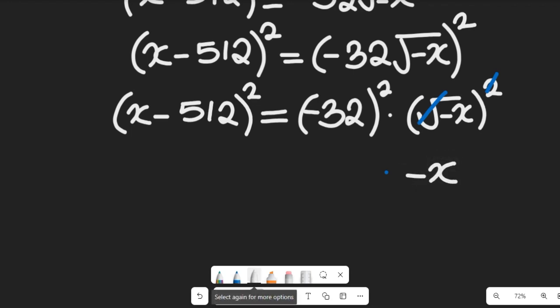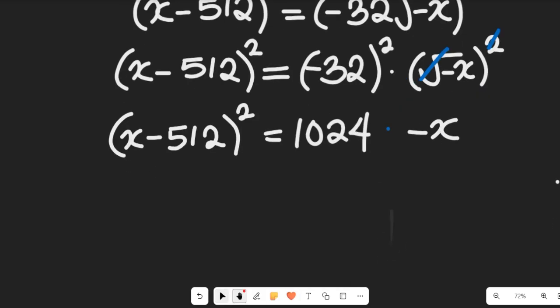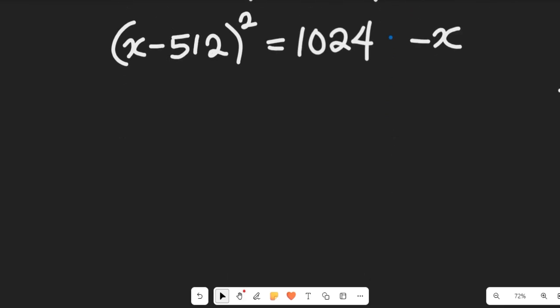What do we have here? Negative 32 squared is going to give us 1024, a perfect square. And this will be equal to x minus 512, all squared.